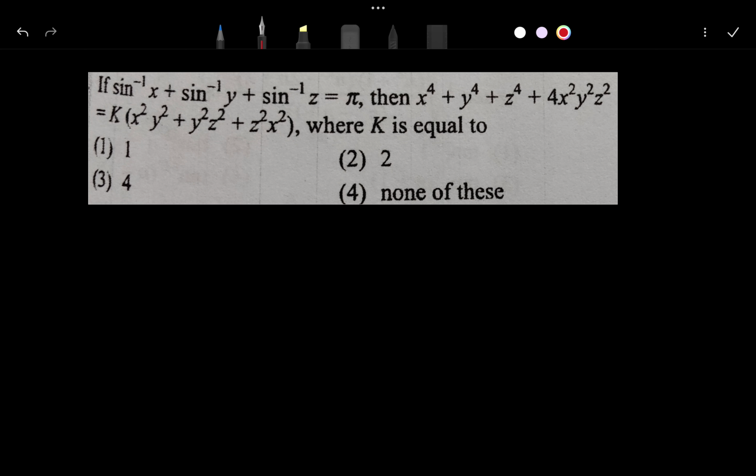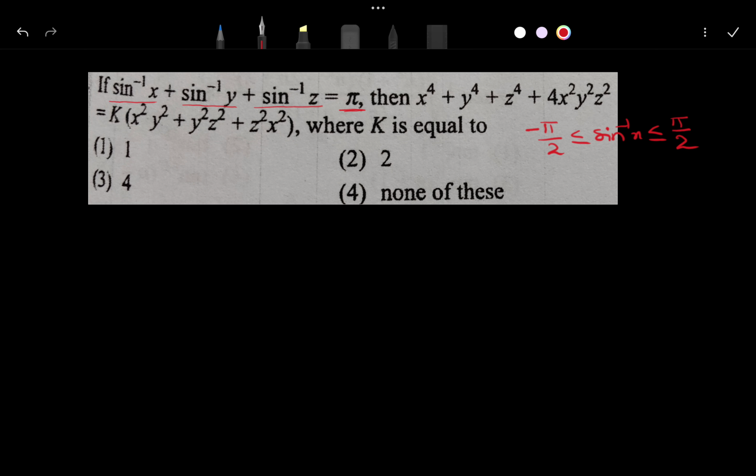Sin inverse x plus sin inverse y plus sin inverse z is equal to pi. You know what is the range of sin inverse x? In the above problem I told you that it lies between minus pi by 2 and pi by 2, that is, minus pi by 2 is less than or equal to sin inverse of x, which is less than or equal to pi by 2.